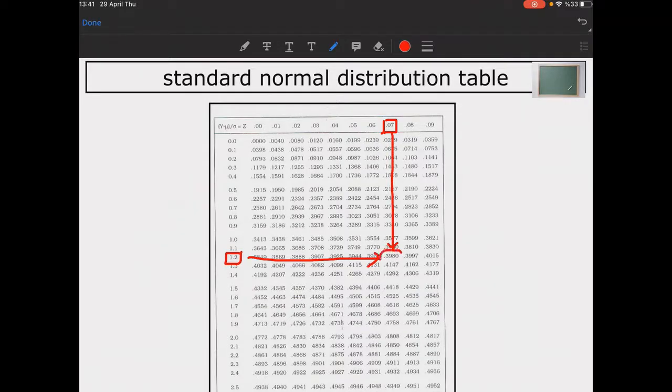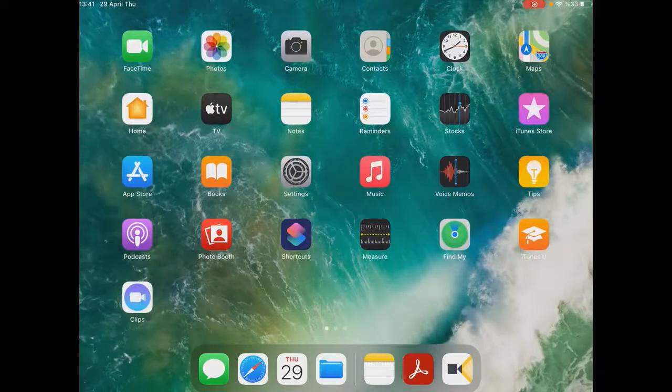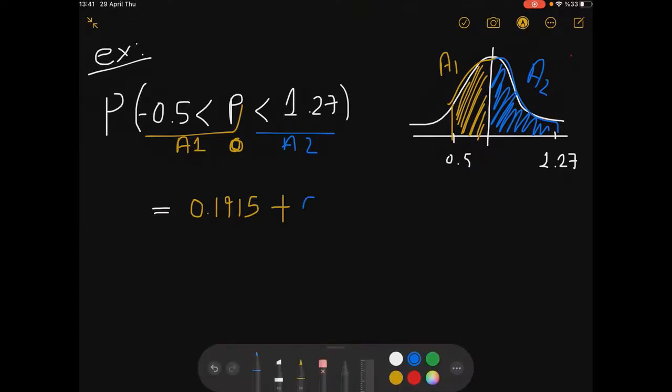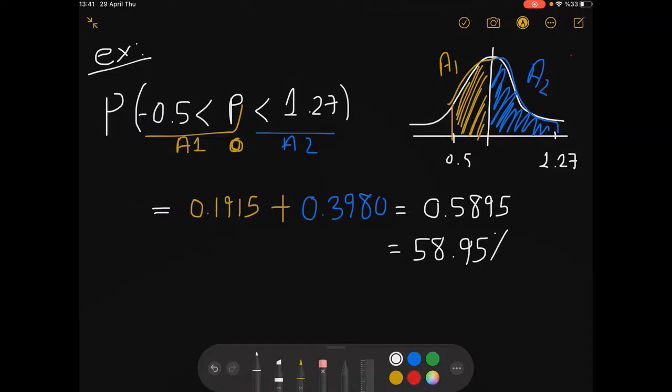It is 0.3980. 0.3980 is right here, and your total area will be this much, and it corresponds to a probability of 59% or something.